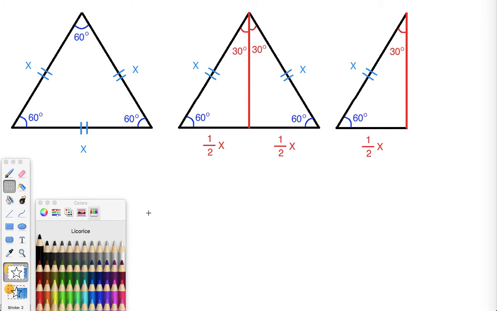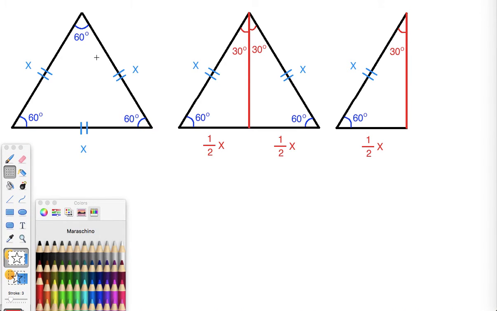The left side and the right side look the same. What I'm going to do now is cut the triangle in half. So starting at the very top, let's bring down a line. We're going to cut the triangle exactly in half.